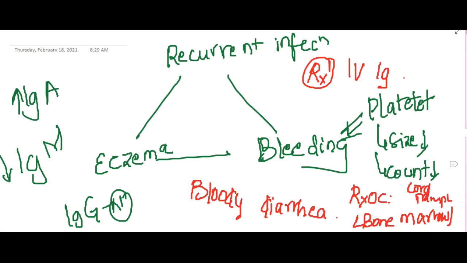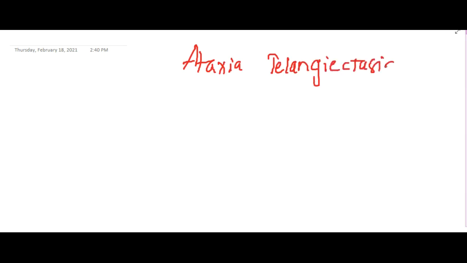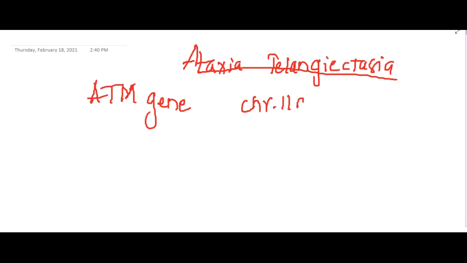Then the next disorder we have here is Ataxia Telangiectasia. In Ataxia Telangiectasia there is a defect in the ATM gene, which is present on chromosome 11q22 to 23.